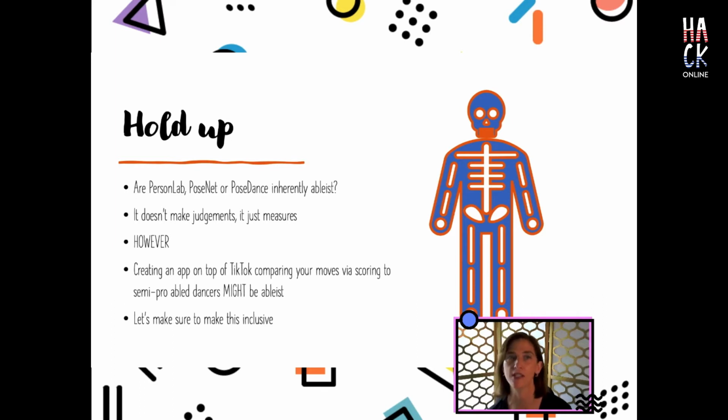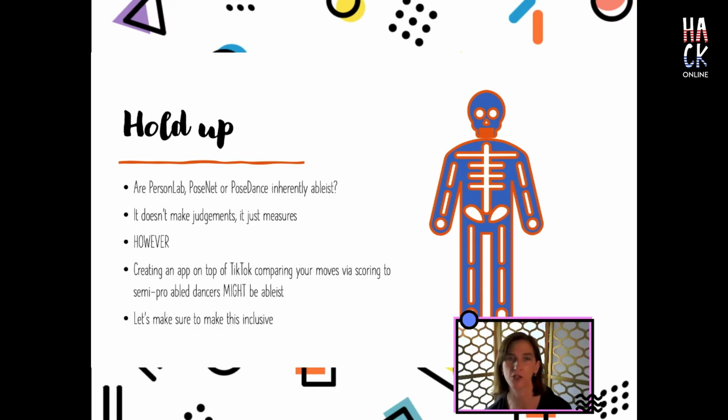It's just measuring the difference between this shoulder and that shoulder, this eye and that eye. If there is nothing there, if there's one eye, or if the ear is not available, then it just wouldn't show. So it's not making any kind of judgment. It's just measuring. But I think that creating an app on top of TikTok, comparing your moves via scoring to semi-pro able dancers, might be considered ableist.